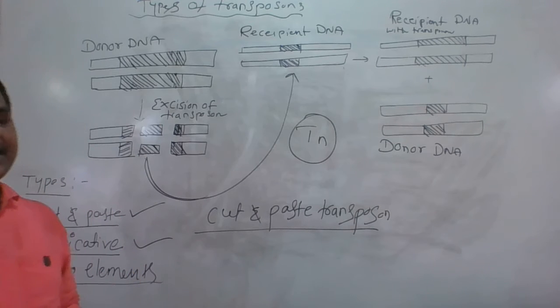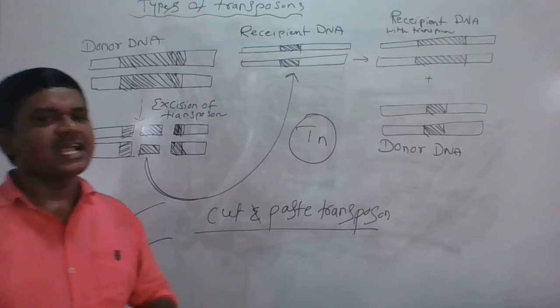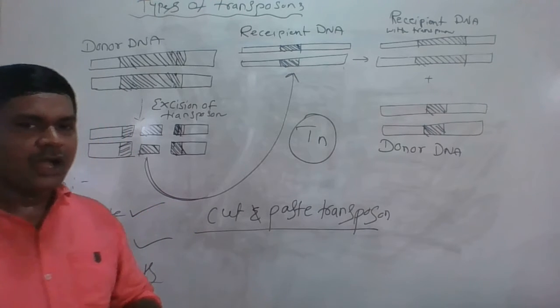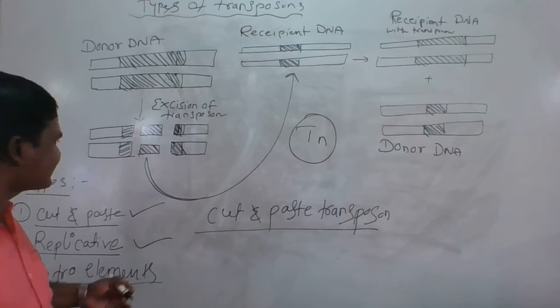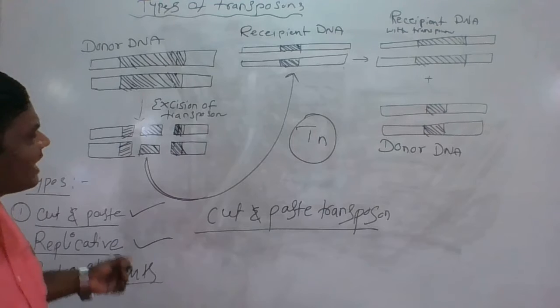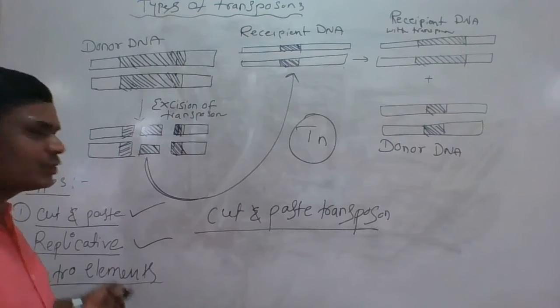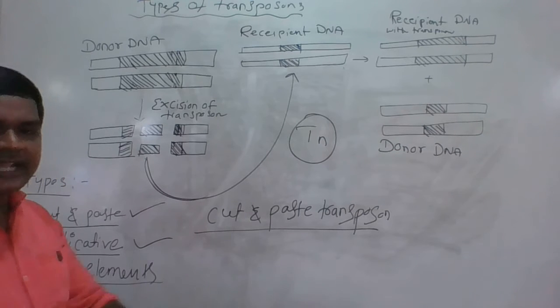So these are the three types of transposon based upon their transposition mechanism. Now individually we will discuss the transposon mechanism of cut and paste, replicative and retro transposons.